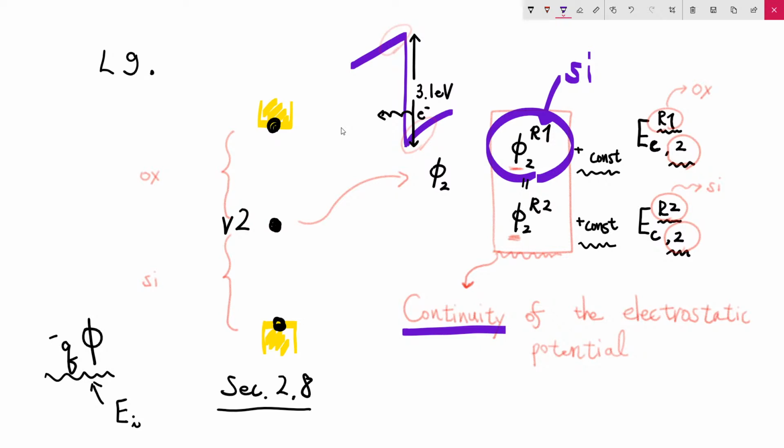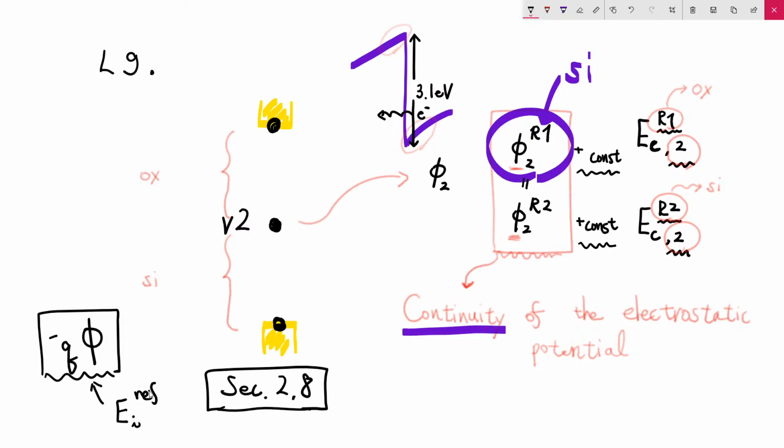I wanted to ask you many things, but please check that you have read section 2.8 and that you understand the meaning of electrostatic potential. That is the reference material.